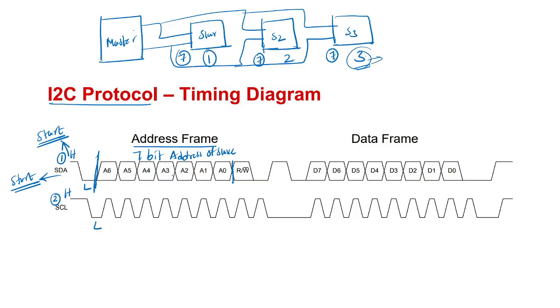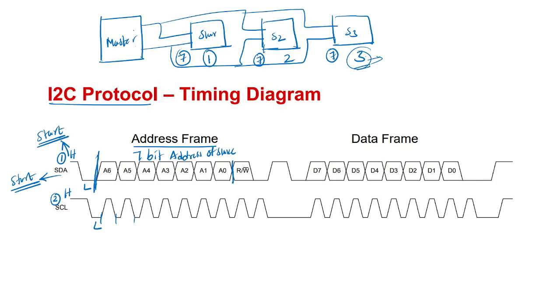This address is identified when SCL is low only.